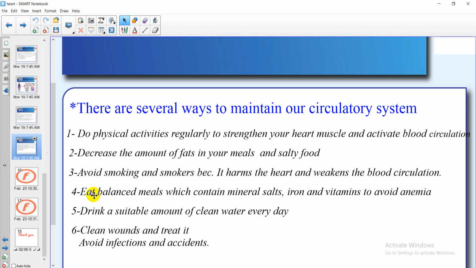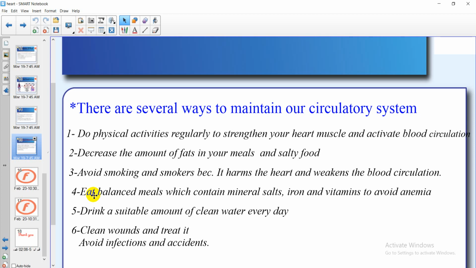Avoid smoking and smokers because it harms the heart and your lungs and weakens the blood circulation. Eat a balanced meal which contains mineral salts, iron and vitamins to avoid anemia. Okay. Drink a suitable amount of clean water every day, and clean wounds and treat them. Avoid infection and accidents. Okay.